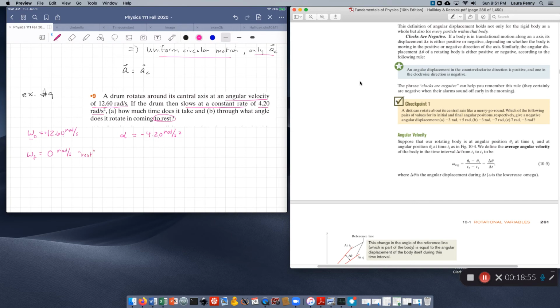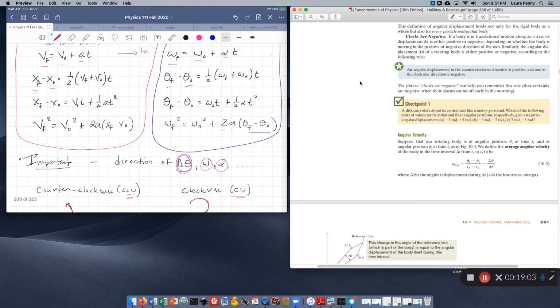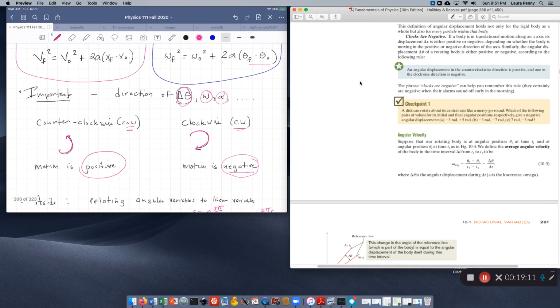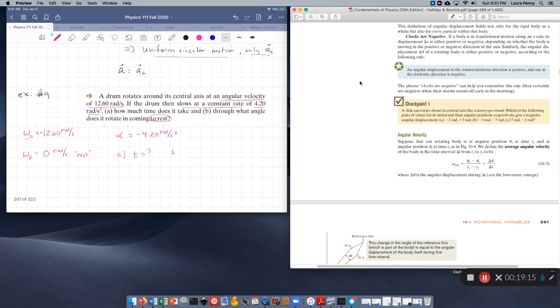All right, so part A says, how long does that take? So time. So I literally am going to go look at my equations. We have to go back in equation shop. I know, and this is the easiest one, I know omega final, I know omega initial, and I know alpha. So I can straight up use my first equation. So omega final equals omega initial plus alpha t.